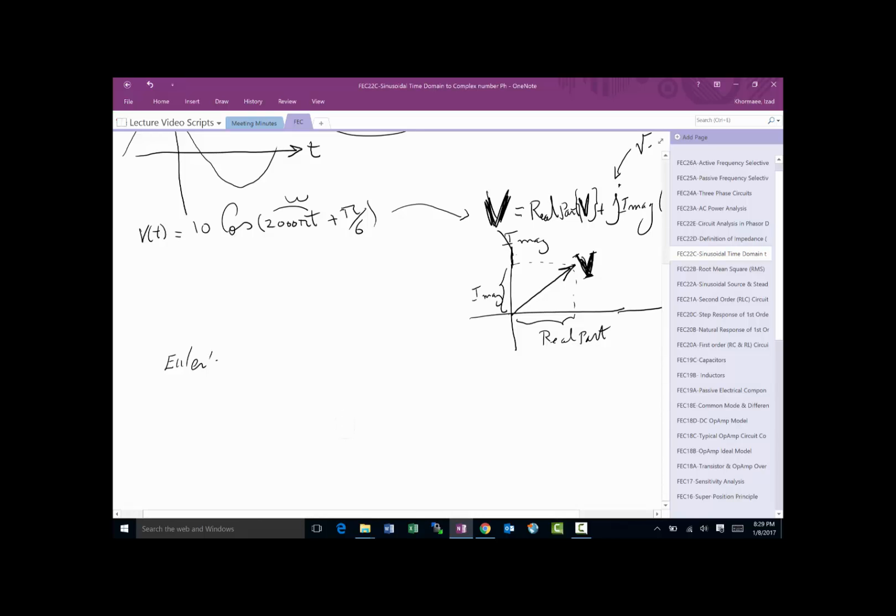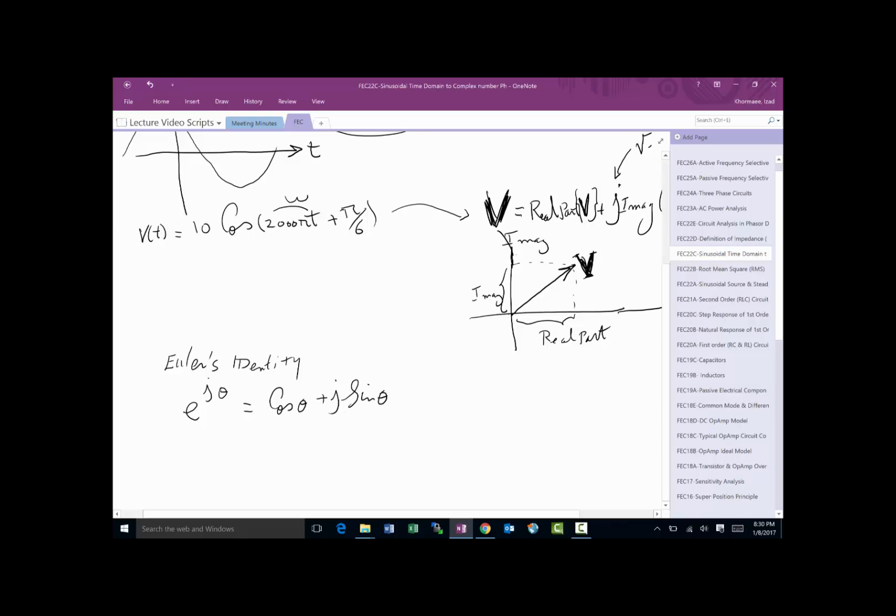So Euler's identity basically tells us that e to the j theta is equal to cosine of theta plus j sine of theta.